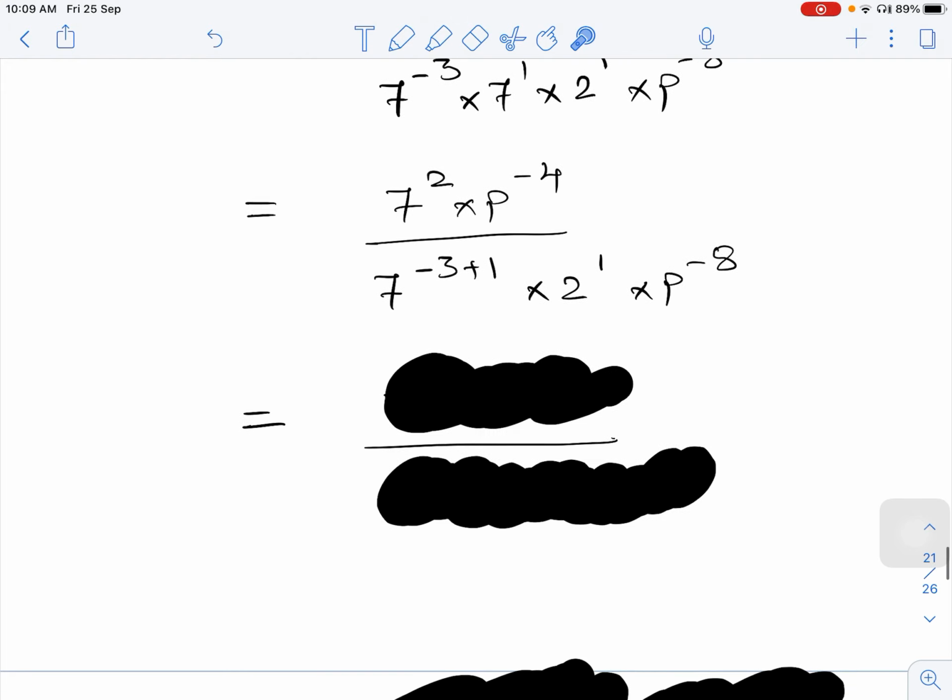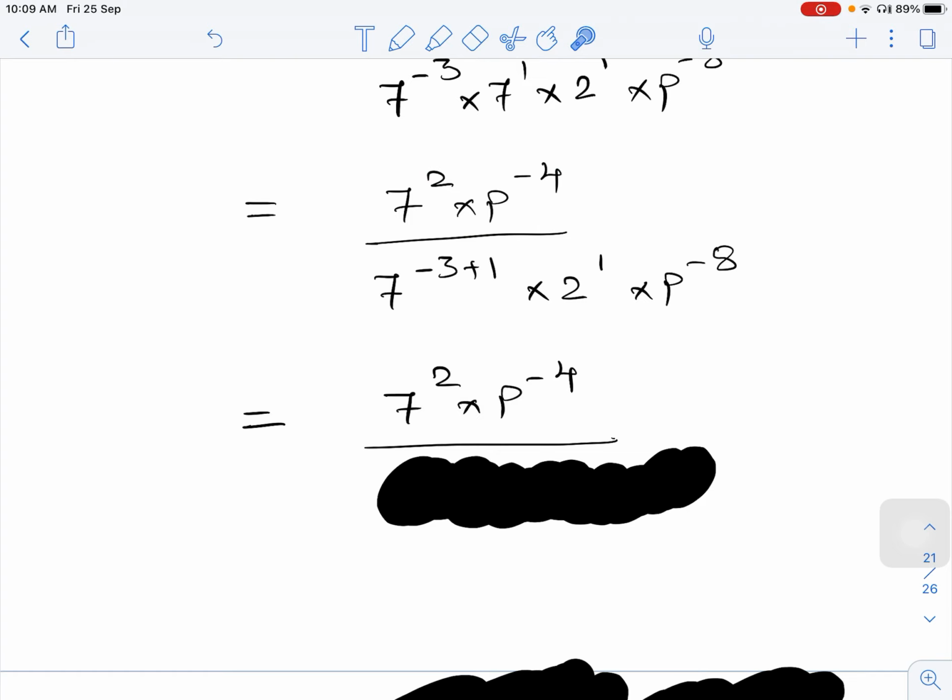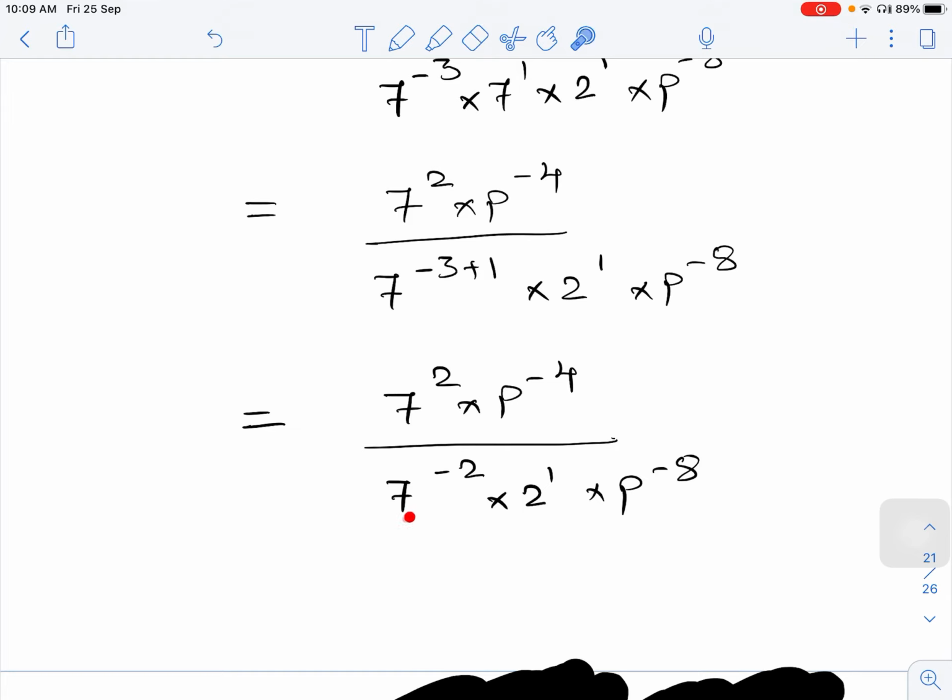Again the numerator will be as it is, but in the denominator, minus 3 plus 1 will become minus 2. So it will become 7 raised to minus 2 into 2 raised to 1 into p raised to minus 8.